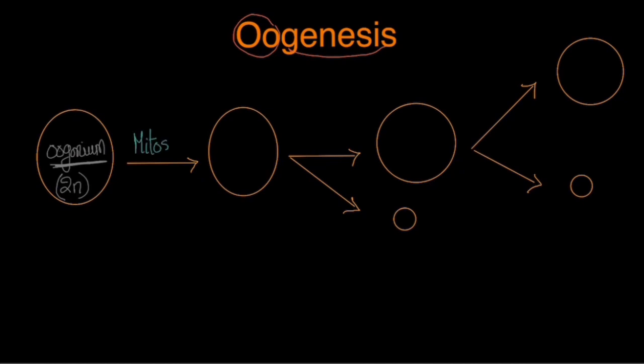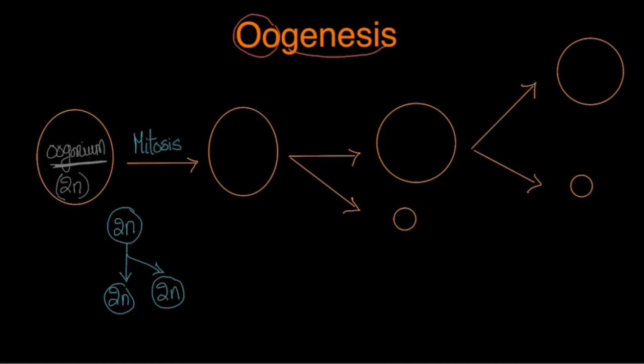It will pass through mitosis. And remember, mitosis will result in the production of two daughter cells, which will have a complete genetic material like the mother cell. Same genetic material like the mother cell. So no big change in terms of genetic content. I have the same genetic content like the oogonium.